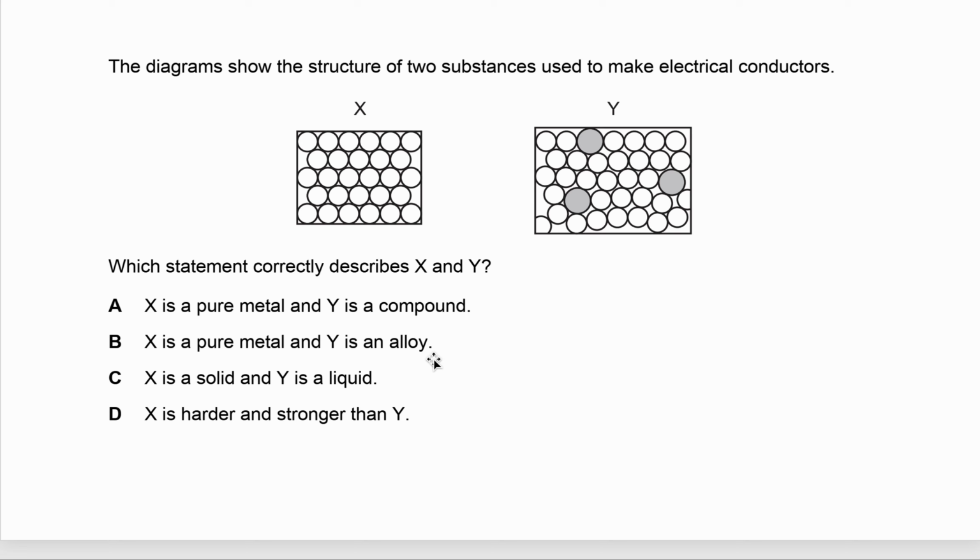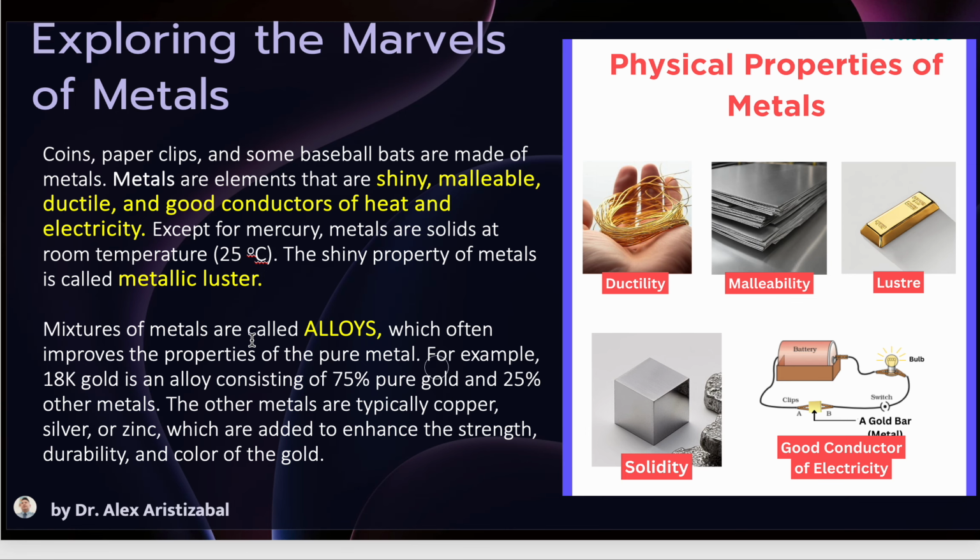If we just go back to the presentation right here, we can see that alloys are mixtures of metals, and we make alloys usually to improve the properties of the metal. For example, you can see that 18 karat gold, that is the most common gold in jewelry, is an alloy consisting of 75% pure gold and 25% other metals.